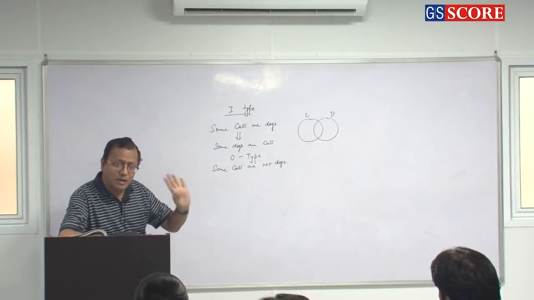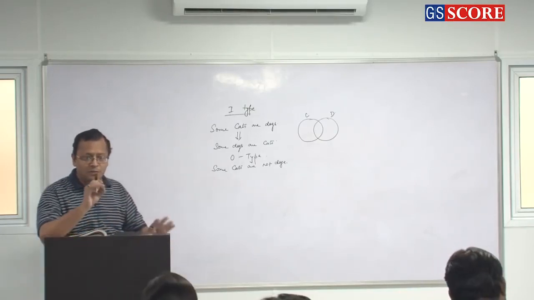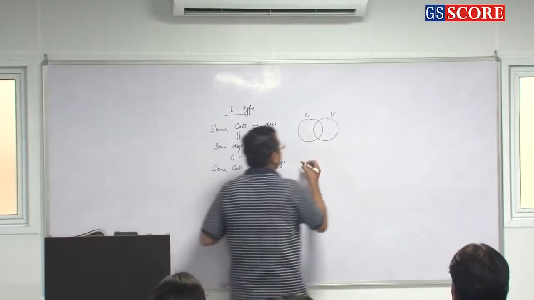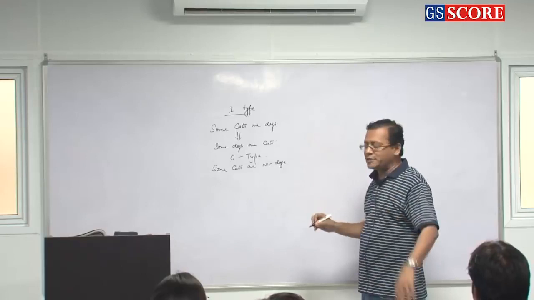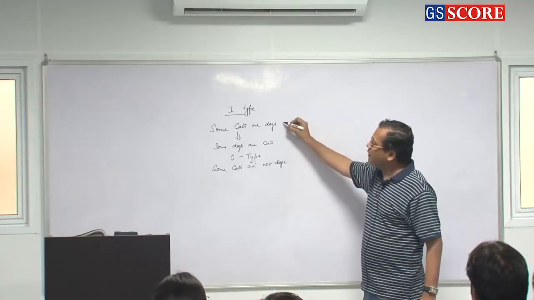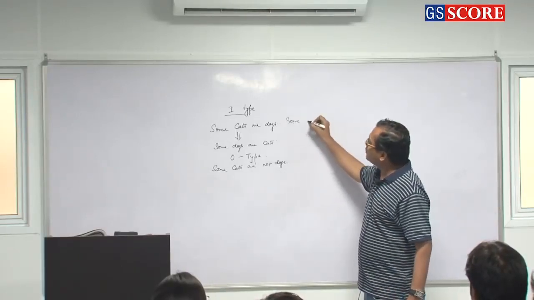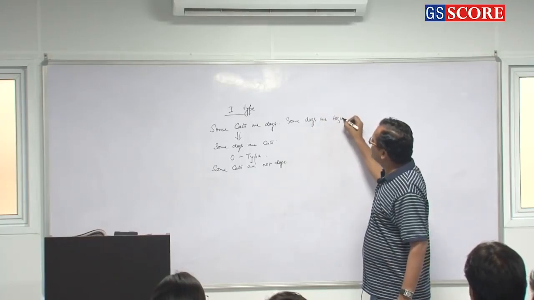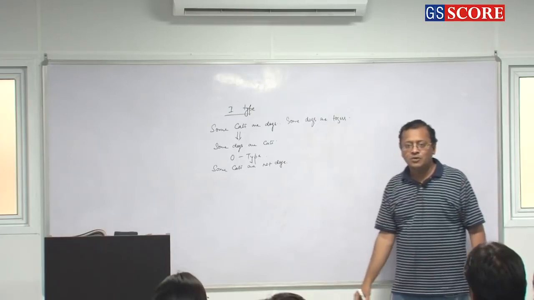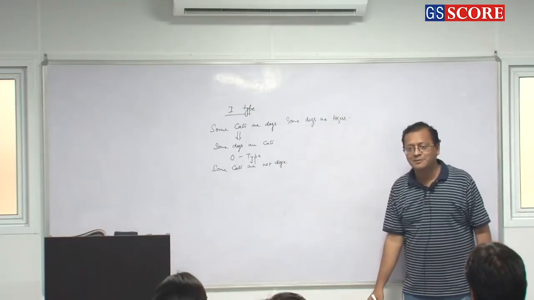Clear or not? Only remember these four and then I give you some examples. Now see the beauty and follow the Venn diagram. If I say some cats are dogs, some dogs are tigers, can we say some cats are tigers?